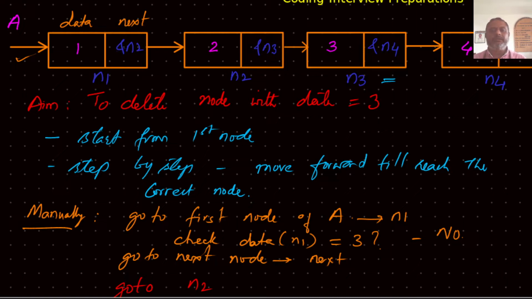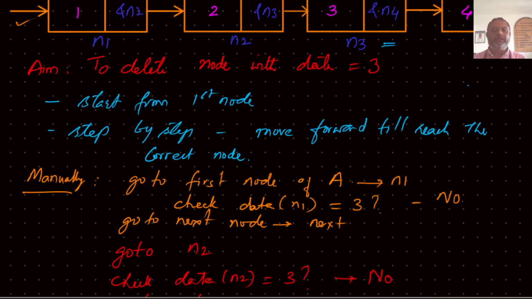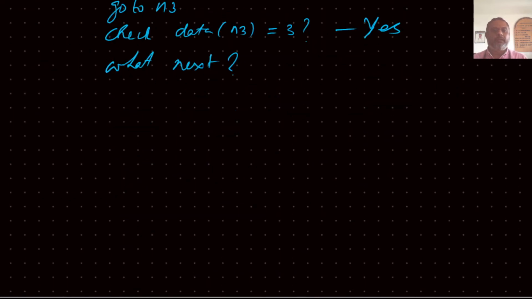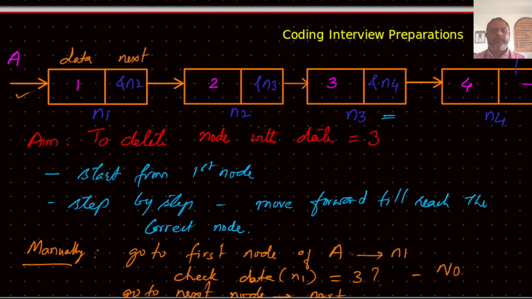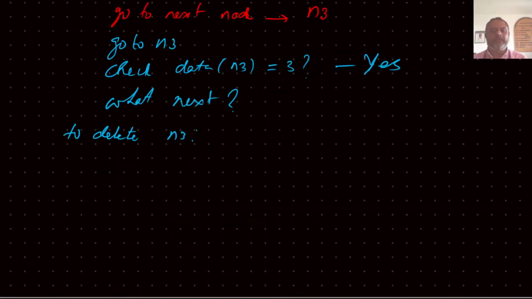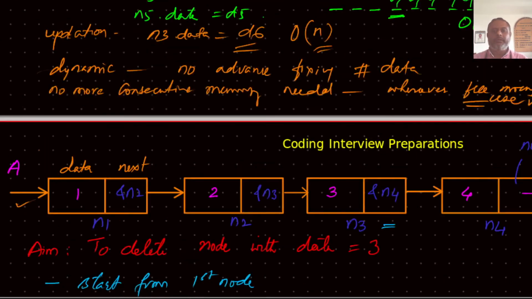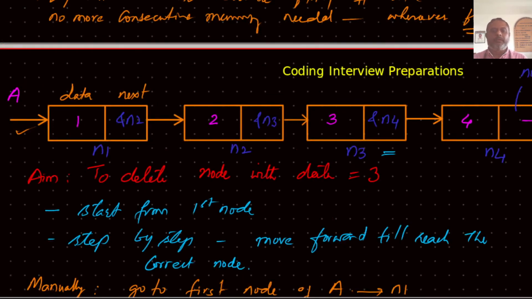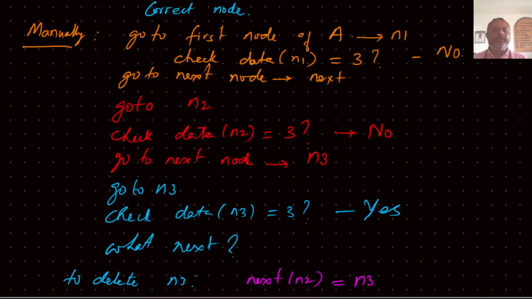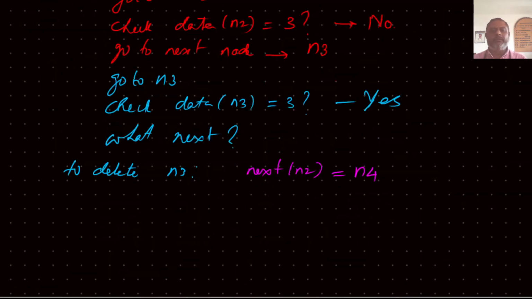And as we discussed in our previous case, to delete N3 the step we have to take is: next of N2, which was equal to N3, we now have to make N4.